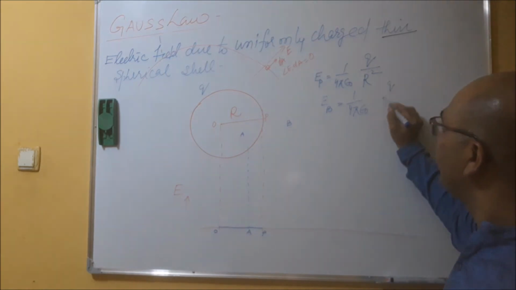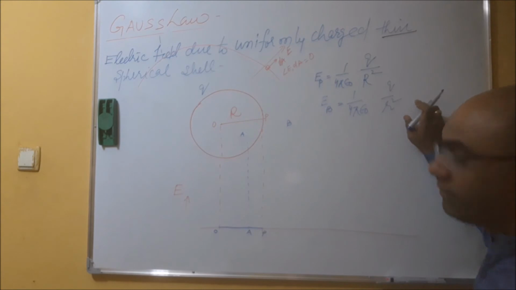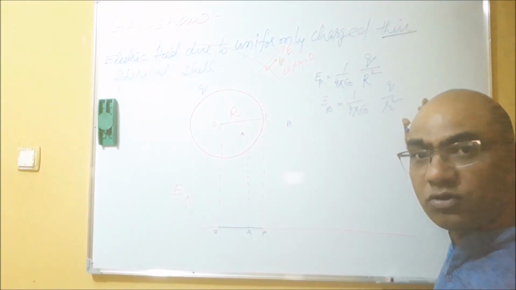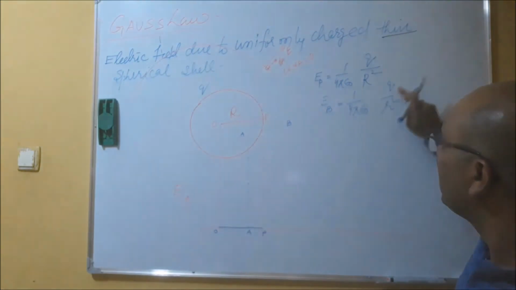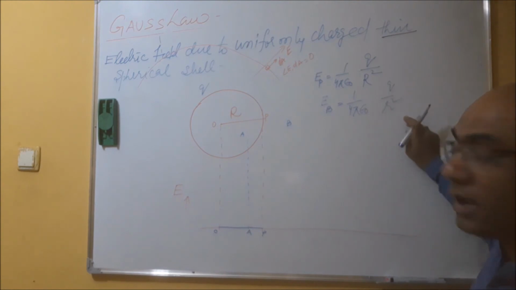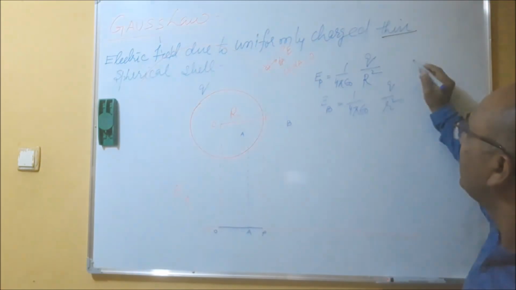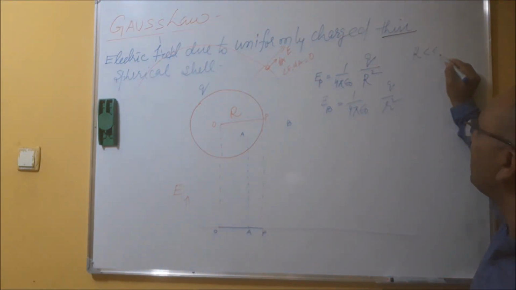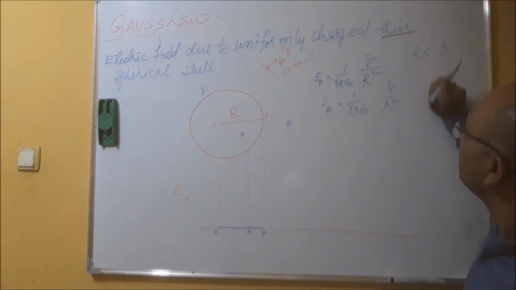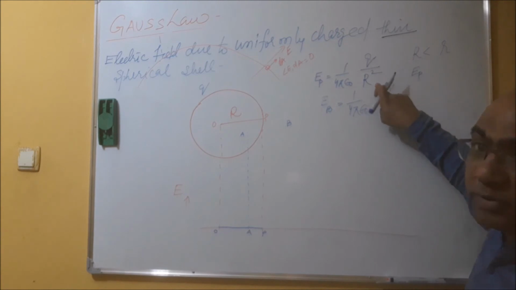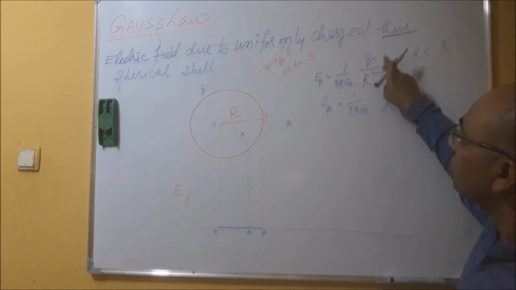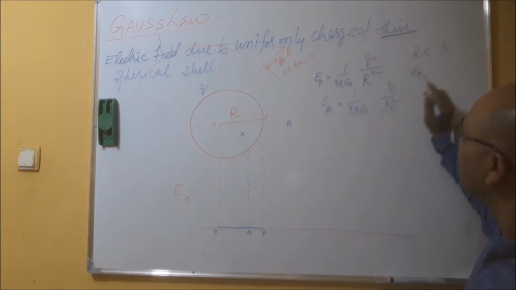The formula, already derived from Gauss law, is 1 upon 4 pi epsilon naught Q by R square. Here r is less than R, so naturally, since it is in the denominator, the value will be more.